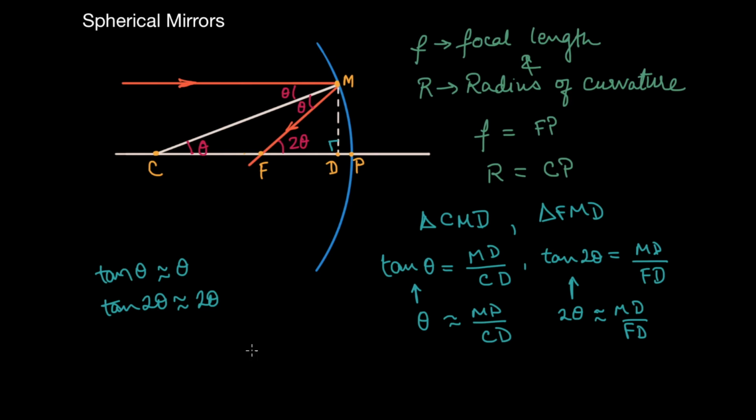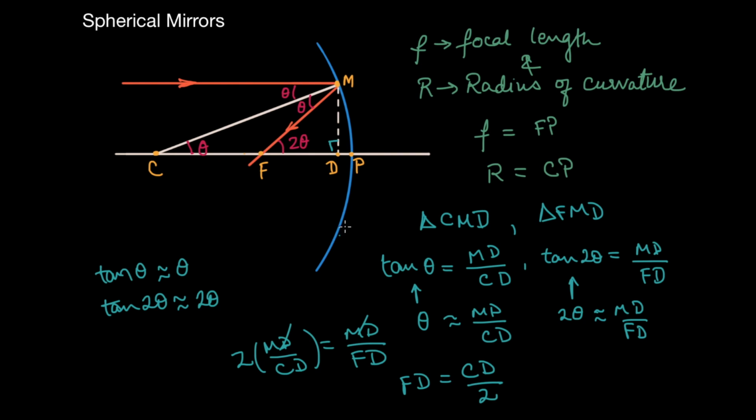When I do that, what do I get? Twice of theta, which is twice of MD by CD, equals MD by FD. And so MD cancels out. What do you get? You get FD equals CD divided by 2.